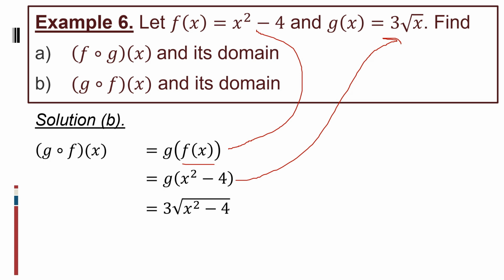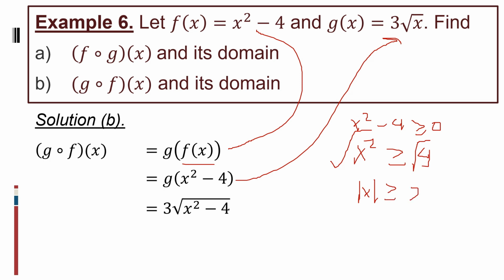Since this is a square root function, kailangan yung nasa loob natin should be greater than or equal to 0, yung radicand natin. So, x squared minus 4 should be greater than or equal to 0. Or that is x squared is greater than or equal to 4. And by taking the square root, we have absolute value of x is greater than or equal to 2.